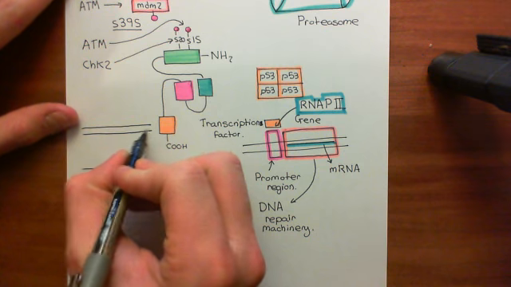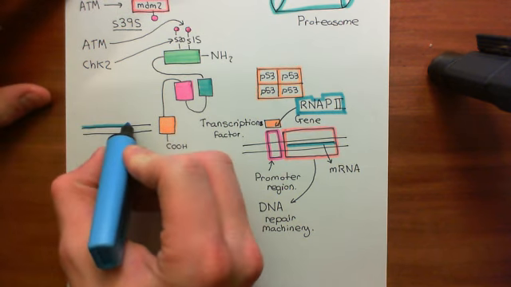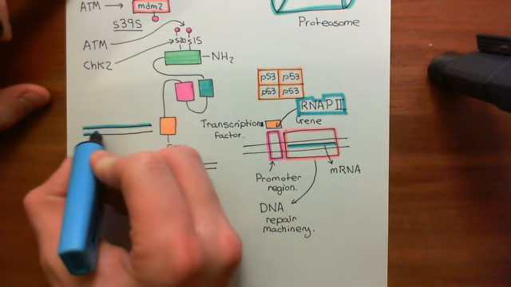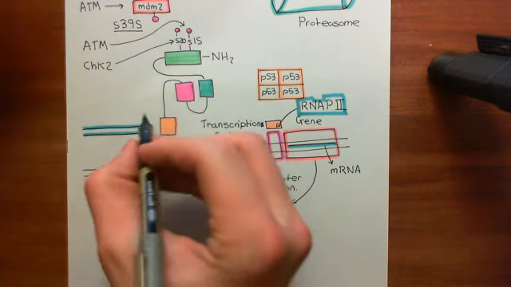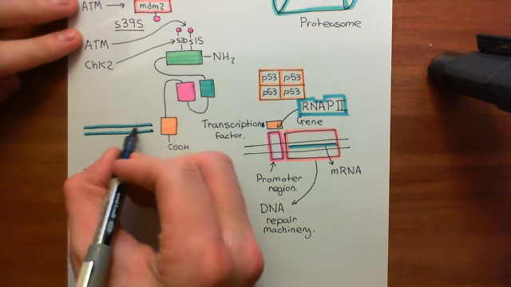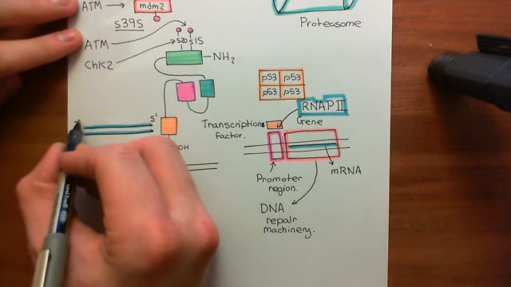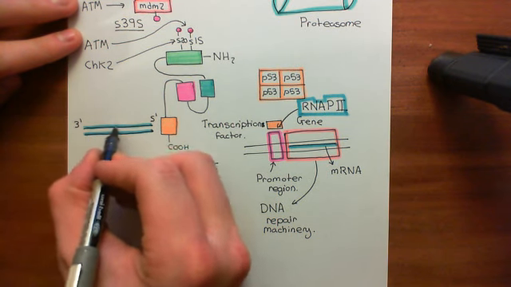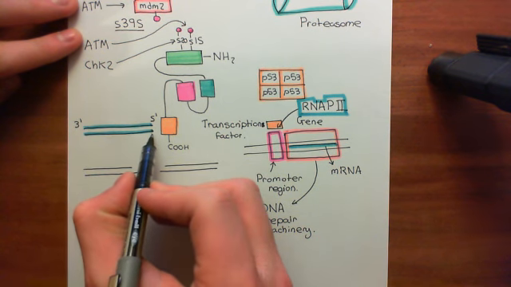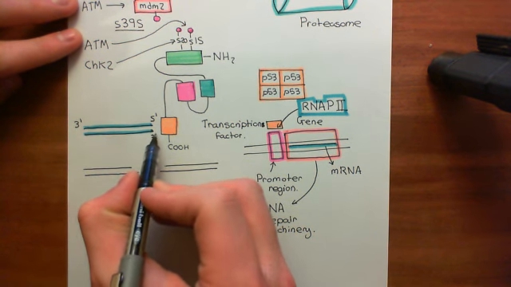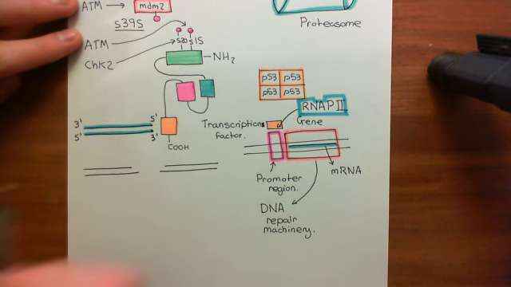Remember, DNA consists of two strands, and these two strands are anti-parallel to one another, so they run in anti-parallel directions. Let's say this first one here, the 5' end is up here, and the 3' end is down here, so the DNA is polarized in this direction, and then the other strand will be polarized in the opposite direction, so this will be the 3' end, and this then will be the 5' end.